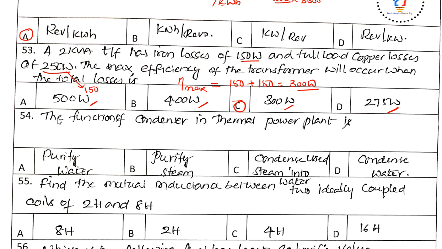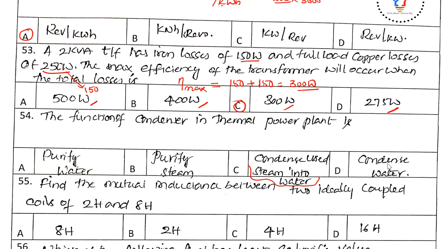Okay, let's continue with the 54th question here. The function of a condenser in a thermal power plant is: the options are purify water, purify steam, condense used steam into water, and D, condense water.